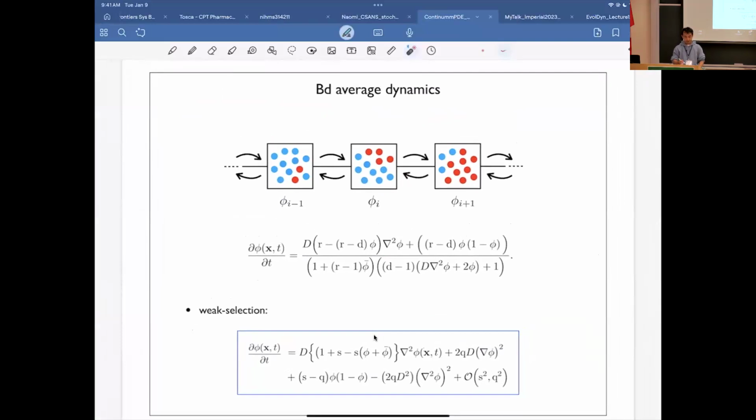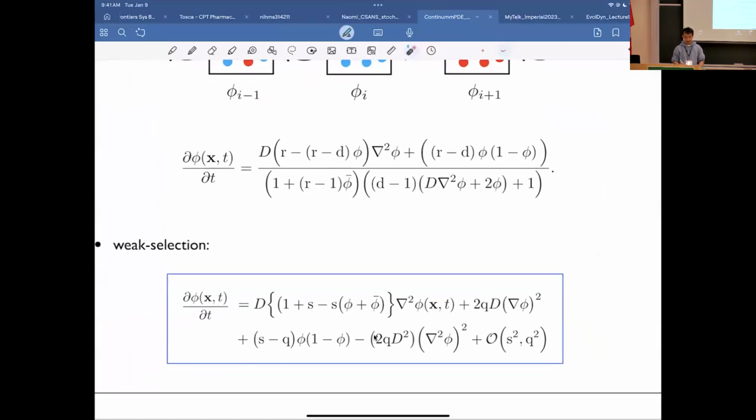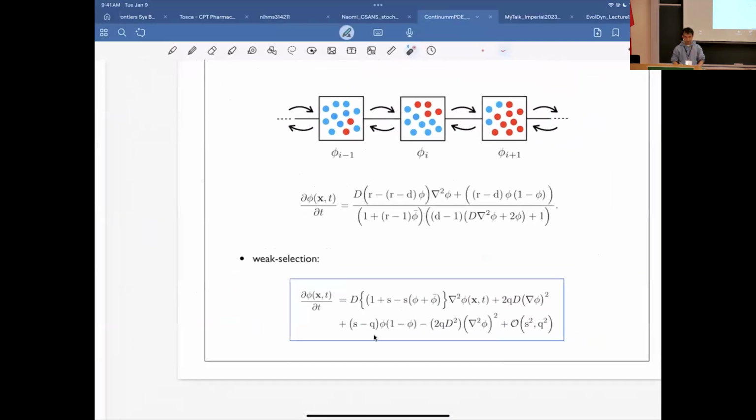A similar, somewhat weirder form can be derived for the birth-death process. Related to the death selection coefficient, you can have a Laplacian squared term.